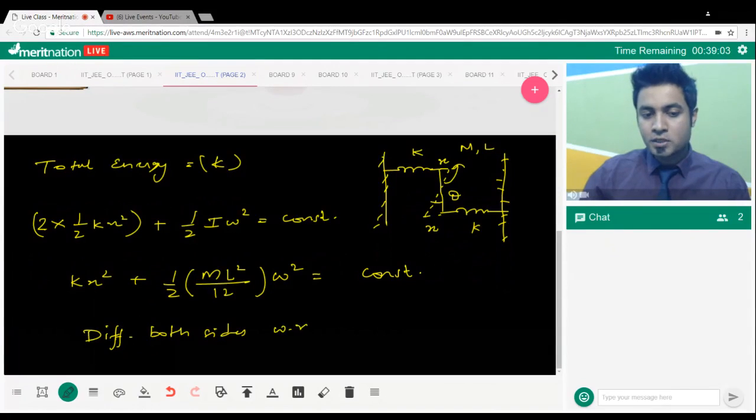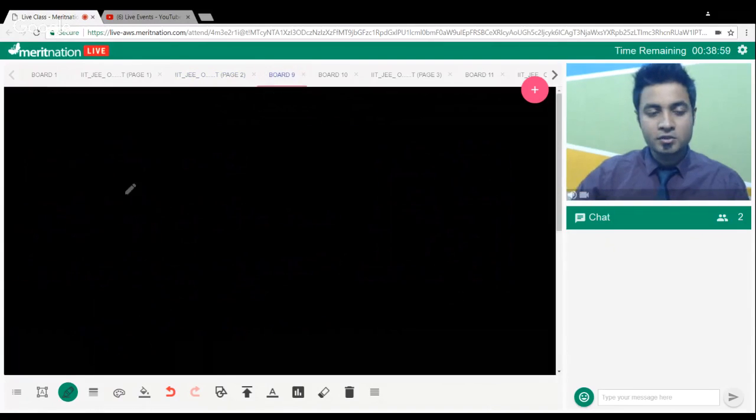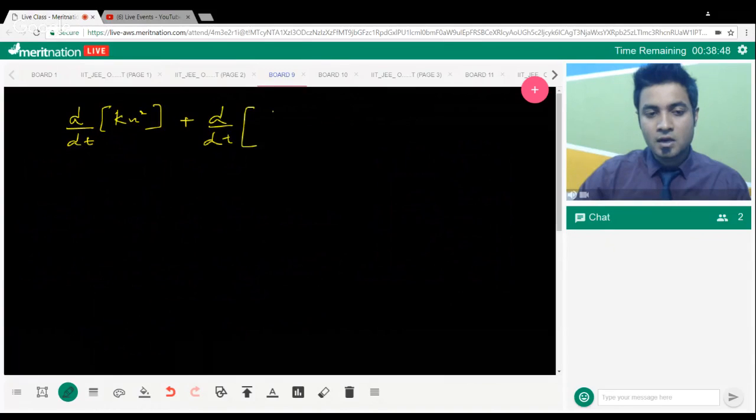With respect to t, so what you are getting, I'm dragging everything to the next board. So this is d/dt of kx² plus d/dt of half ml² upon 12 ω².